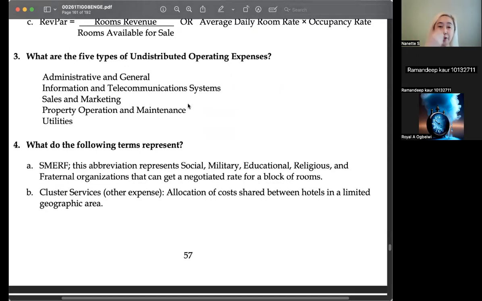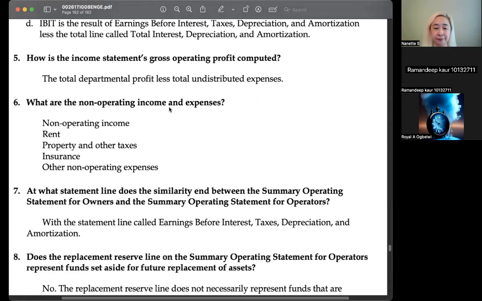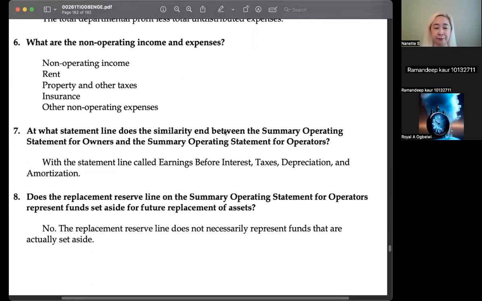In other words, all your income, your sales, minus your expenses. So here are some non-operating income and expenses. You have non-operating income, you have your rent, property taxes, insurance, and other non-operating expenses.